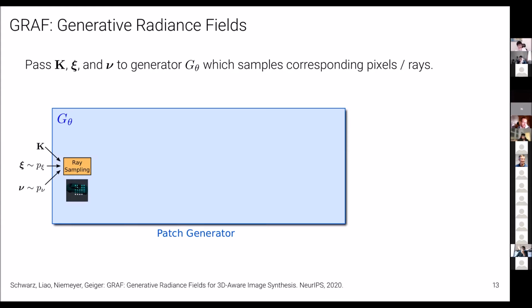And then we have a patch generator and a patch discriminator, similar to a PatchGAN. So here's an example. This is from this virtual camera where we sample, in this case, a 5x5 pixel patch pattern. In reality, what we do is we have a 32x32 pattern. Then we pass these parameters to the generator, which samples the corresponding pixels and rays.